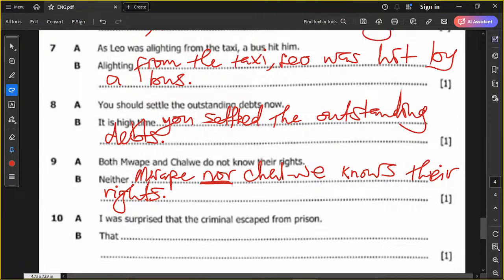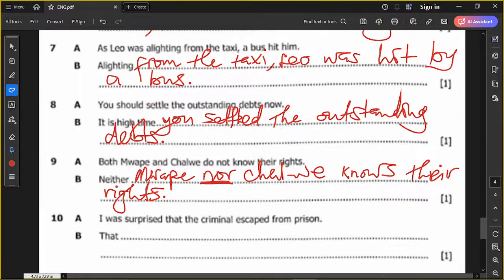Okay, question 10. I was surprised that the criminal escaped from prison. Now we start with that. How do we rewrite that sentence?